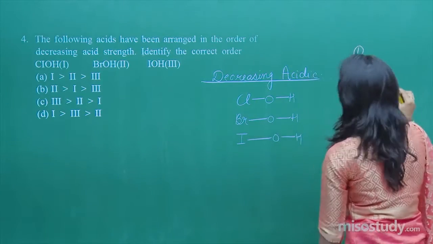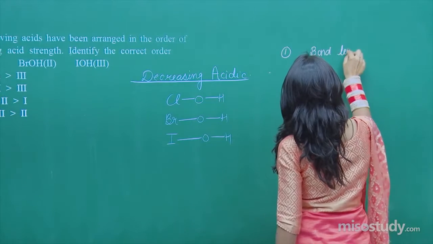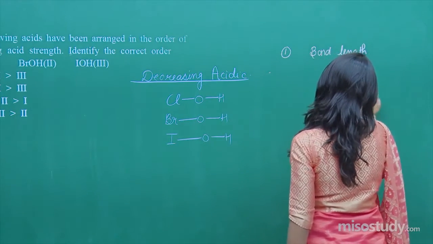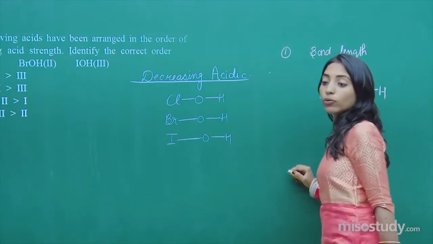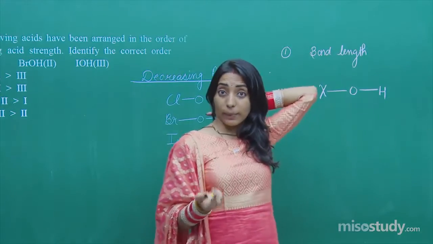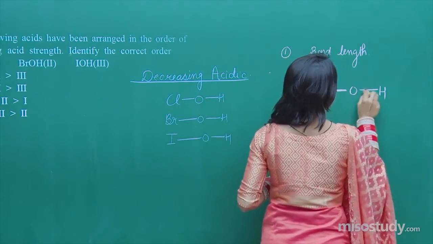The first method to answer the question is in terms of bond length. Let's say XOH. This compound XOH can act as an acid or it can act as a base depending upon the bond length between X-O and O-H.